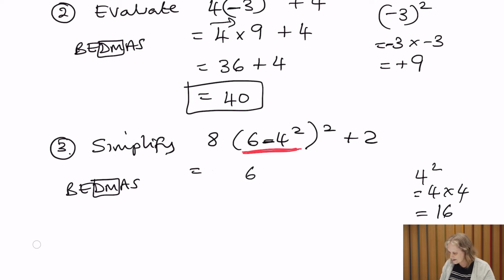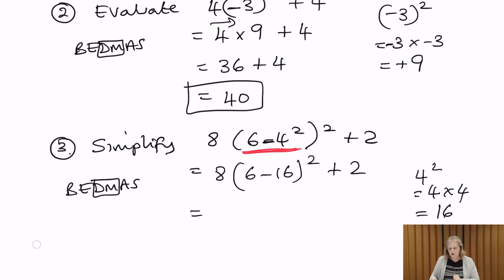So we know we've got 6 subtract 16. That's all squared. We're still going to multiply by 8 here, and we're going to add 2 here. So again, still in the bracket, we're going to work out that value in the bracket. 6 subtract 16 is going to give me -10, which I know then is going to be squared.